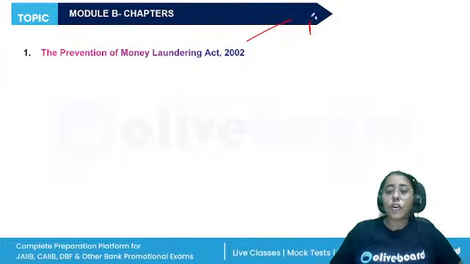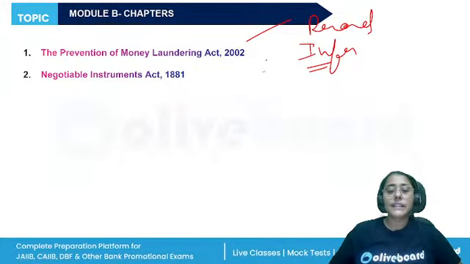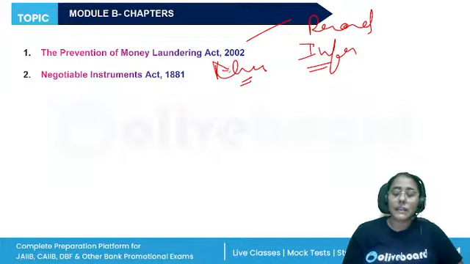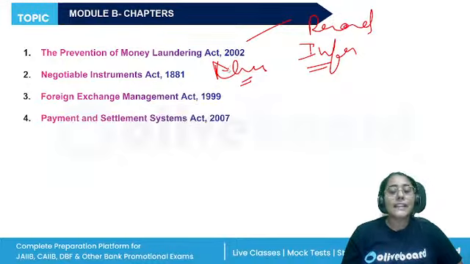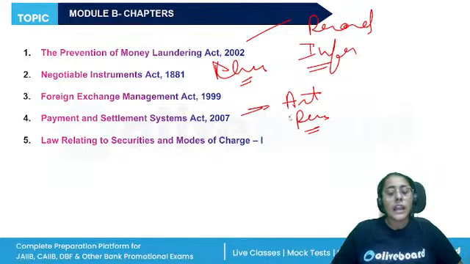The records that have to be maintained, the information to be maintained in the record, Negotiable Instruments Act, where the check dishonor part is covered, protection given to the paying or the collecting bank, Foreign Exchange Management Act, role of the authorized dealers, Payment and Settlement Systems Act, whenever a payment settlement system is set up, authorization from RBI, rejection of authorization, and so on.